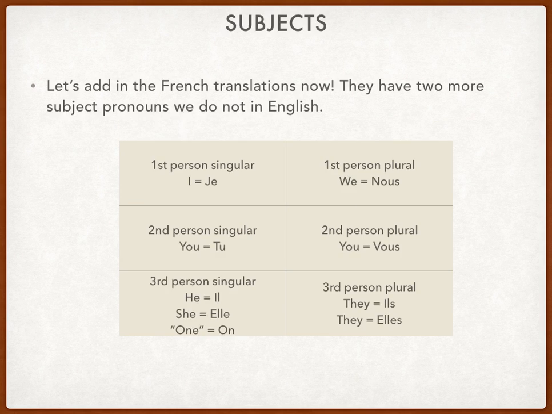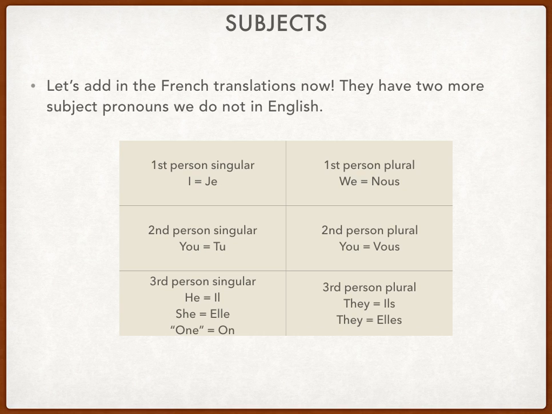If we add in the French translations, we see that they have 2 subject pronouns that we do not in English. However, you've already seen 4 of these. You've already learned je, tu, il, and elle. I, you, he, and she.